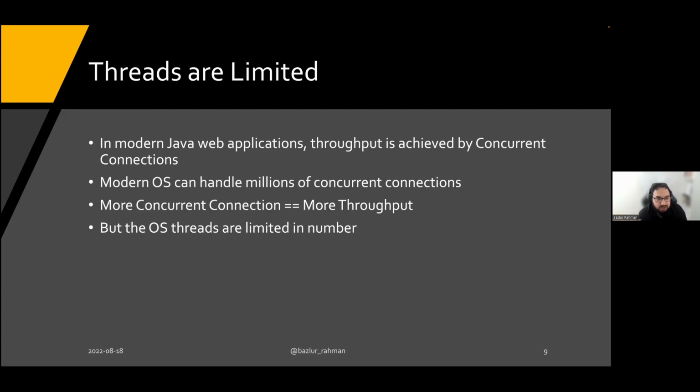Meanwhile, it has nothing to do. It's just idle, waiting to get the result from the database. Once it's done, it sends the response, and then it's relieved to serve another request.